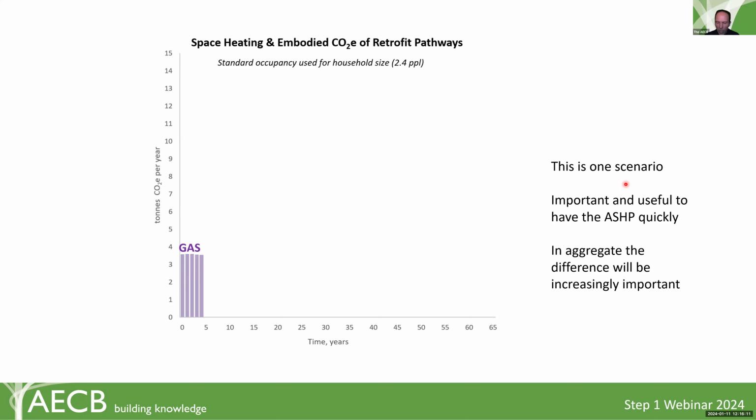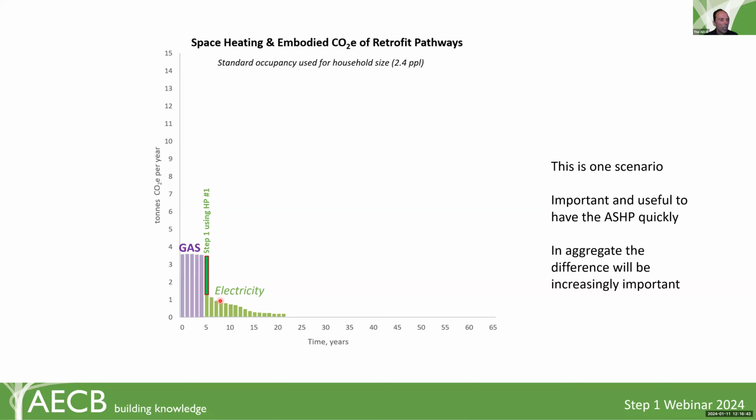So the lines for gas being the same means that you're producing about the same amount of CO2 for a gas boiler every year until you retrofit. At year 5, what happens is we install a heat pump, and you can see the embodied CO2 from that. That's this darker green area with a red background.